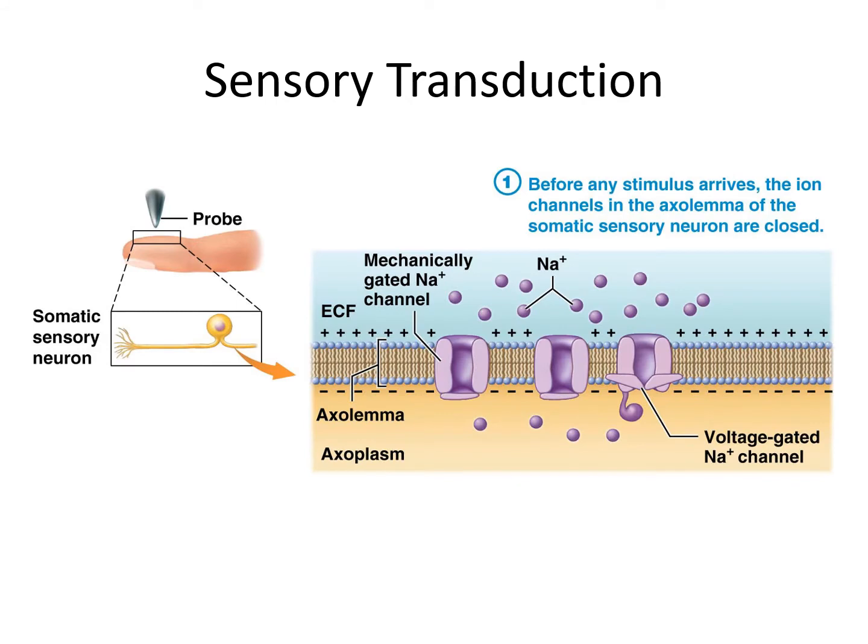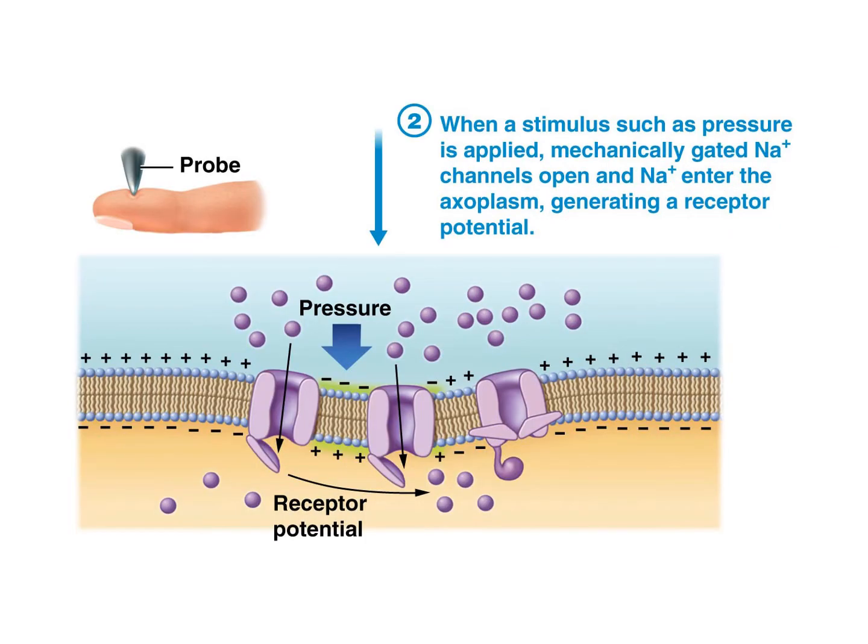In this figure, we show the beginning of a sensory transduction pathway. In this case, we're looking at a mechanoreceptor in which this probe is pressing down on a person's finger. If you notice, it hasn't touched it yet. So at this moment, the somatic sensory neuron, which has free nerve endings here, and the mechanically gated sodium channels are not open, they're closed. Now in this figure, the probe is touching the fingertip.